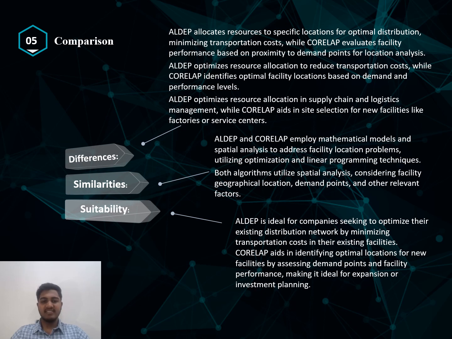ALDEP optimizes resource allocation to reduce transportation cost, while CORELAP identifies optimal facility location based on the demand and performance levels. ALDEP optimizes resource allocation in supply chain and logistics management, while CORELAP aids in the site selection for new facilities like factories or service centers or even offices.